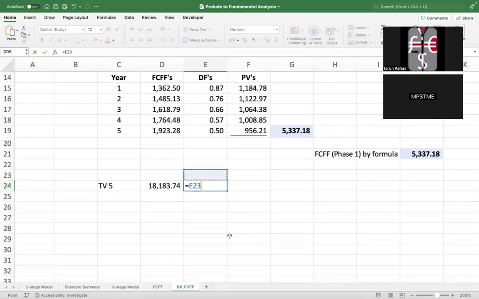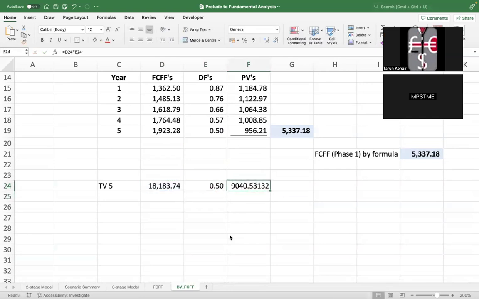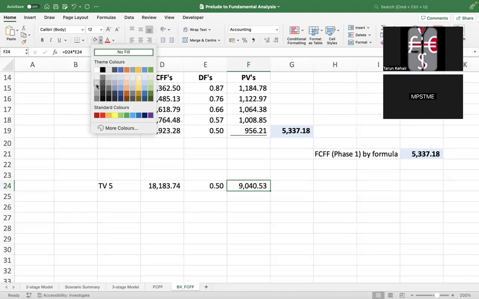Now we will use the same discounting factor and discount it to the present. And you will get the terminal valuation of 9,040 crores. Now this is the valuation of phase 2. Right? This one.